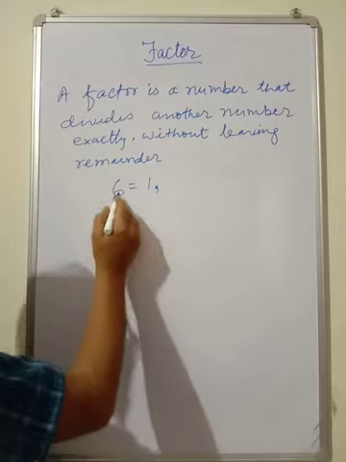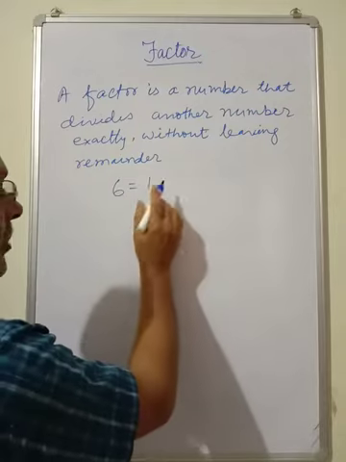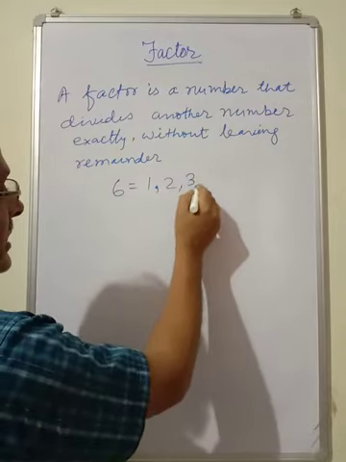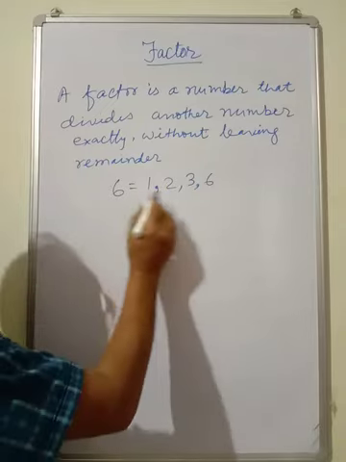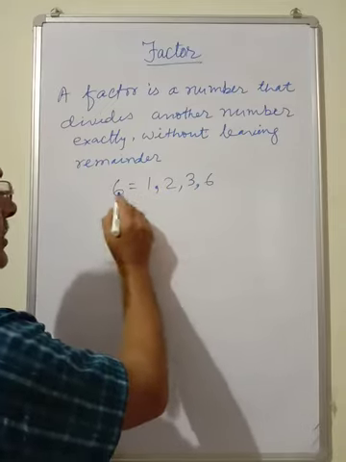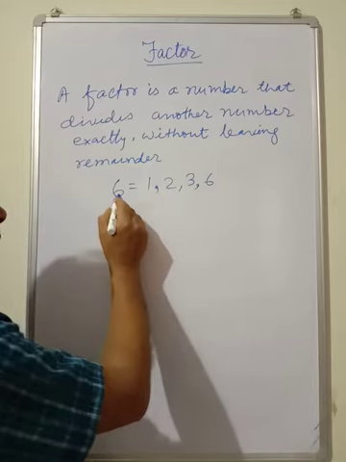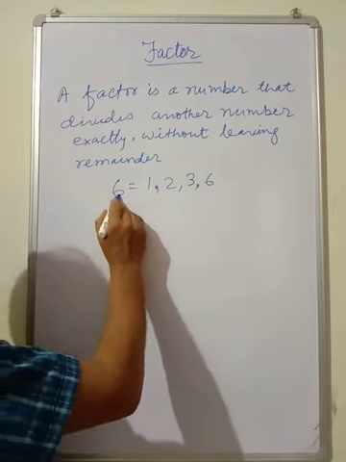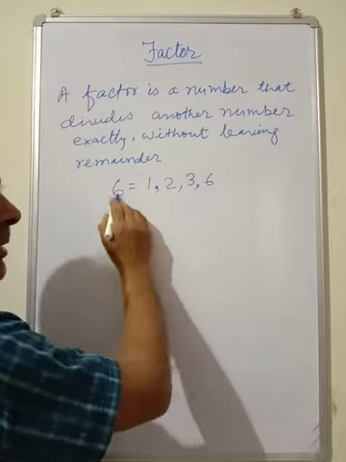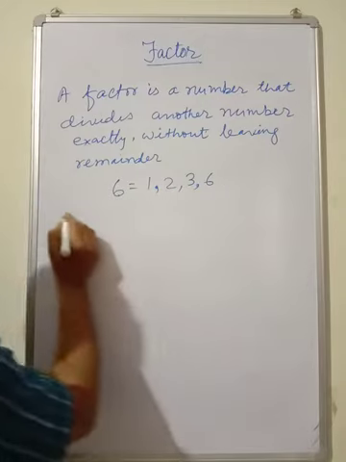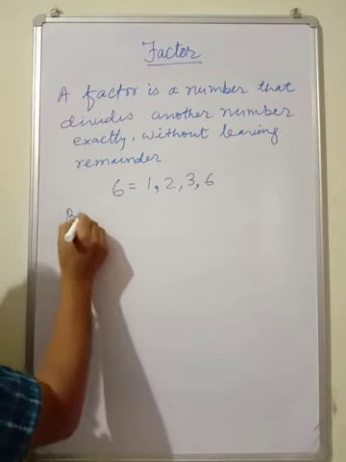We know that 6 is exactly divisible by 1, by 2, by 3, by 6. Now 1 is the smallest factor of 6. And what is the greatest factor? 6, the number itself. So, properties of factors.